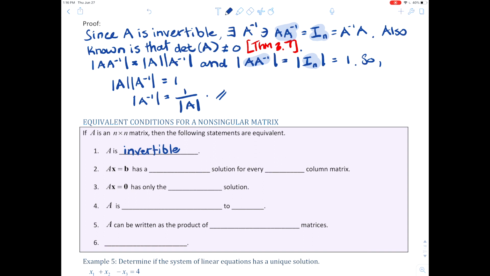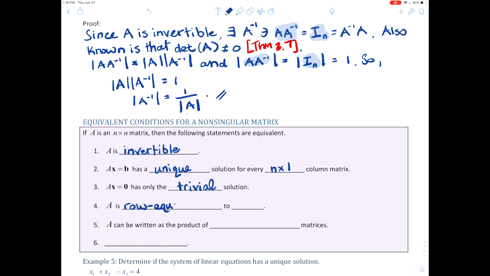A times x, the vector x equal to the vector b, has a unique solution for every n by 1 column matrix. A times the matrix x equal to the 0 matrix has only the trivial solution. And then A is row equivalent to what?